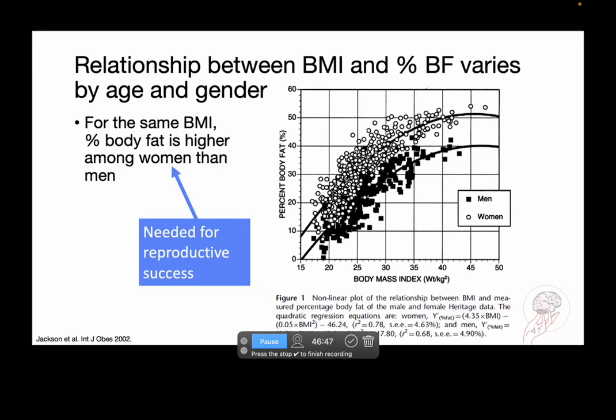We also know that for the same BMI, percent body fat is higher among women than men. So at each one of these BMIs, if we go up, on average, the women will be higher than the men. And this is because women need more fat on their bodies to maintain reproductive success. And we're going to come back to that over and over.